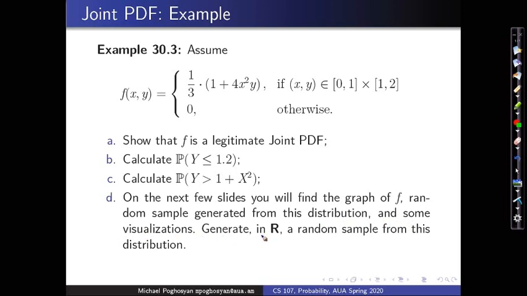I will explain those visualizations. And the problem is asking to generate a random sample from this distribution. I will do that in a separate video. Okay, so I'm erasing this, I'm moving to the next slide to show the graph of this and some points generated from that and some visualizations.